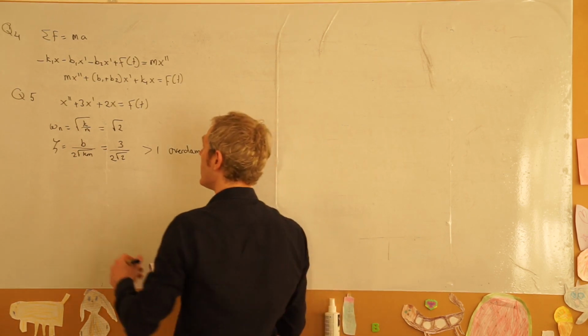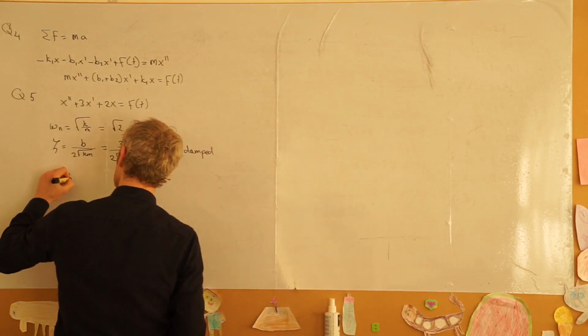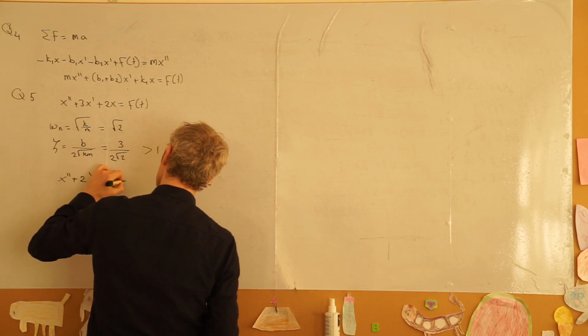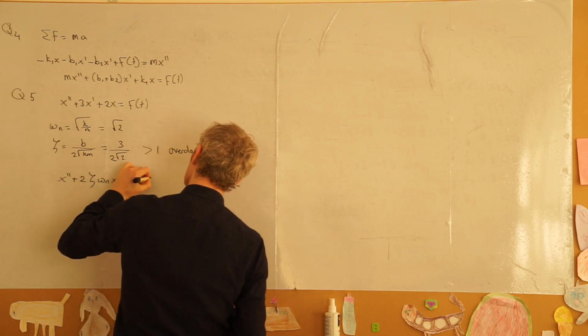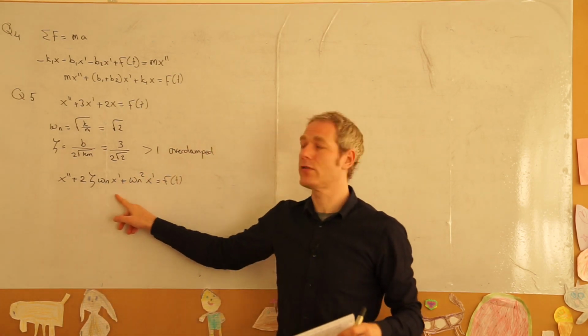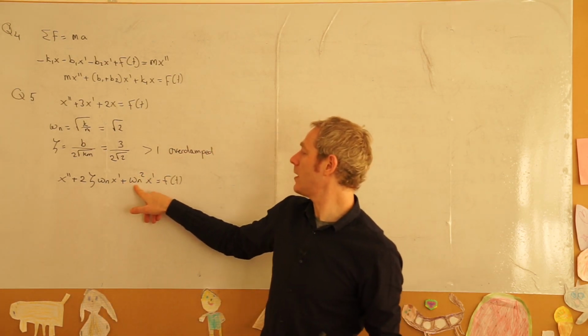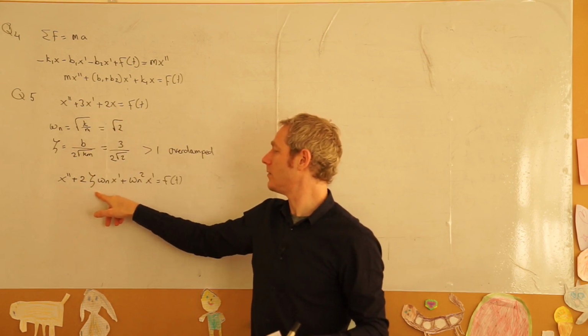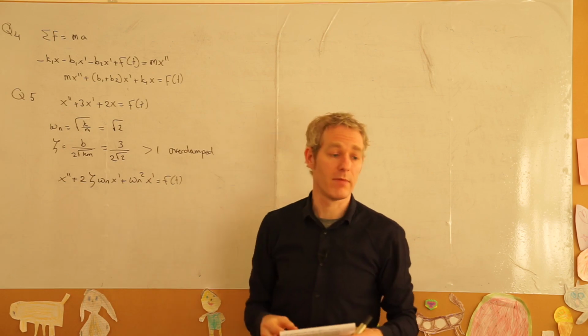You could also rewrite this in the form x double prime plus 2 zeta omega n x prime plus omega n squared x is f of t. So this is in a standard form, and then you also see that omega n must be equal to the square root of 2, and there's a bit of calculation involved to get zeta, but you get to the same values.